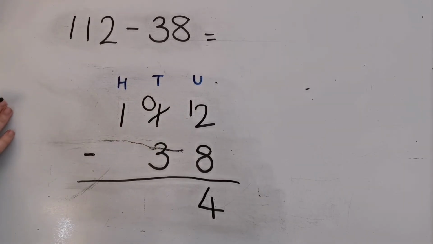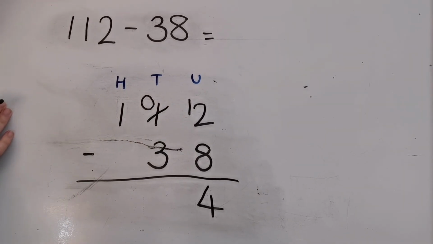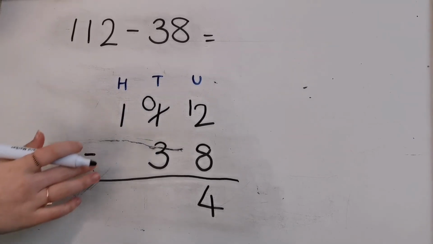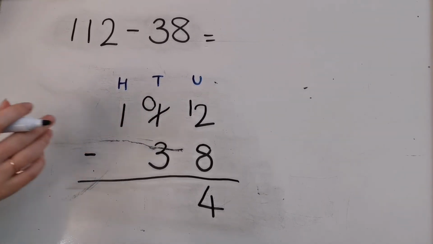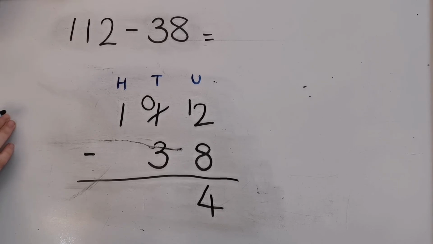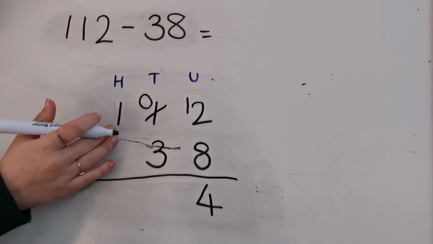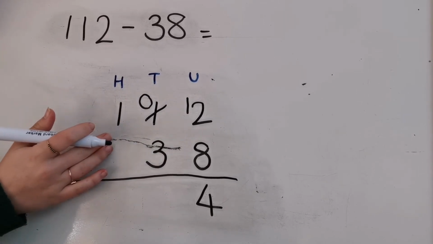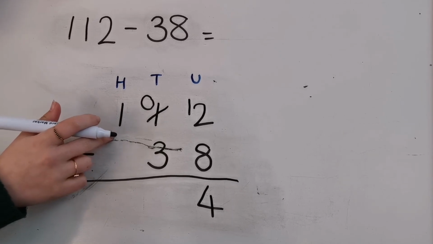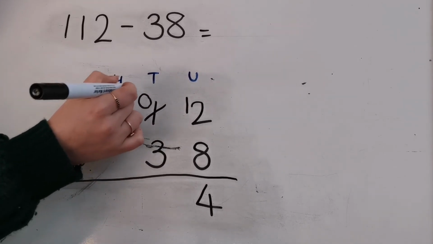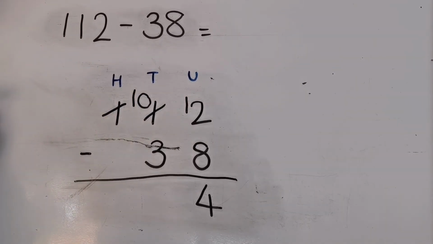Now let's move into the 10s. Again, a little bit tricky because I've got 0. 0 take away 3. Now that is quite hard. I can't do that. But what I need to remember to do is make sure that I look into my hundreds column, okay? I always look into the next column. There is 100, so I can borrow that 100 and put it into my tens column.